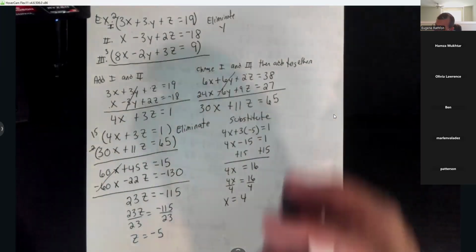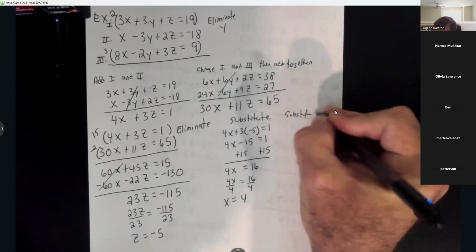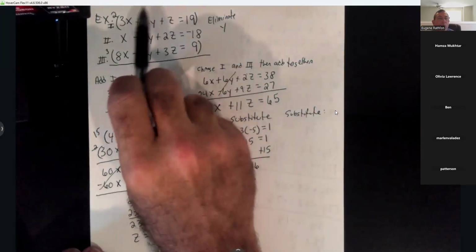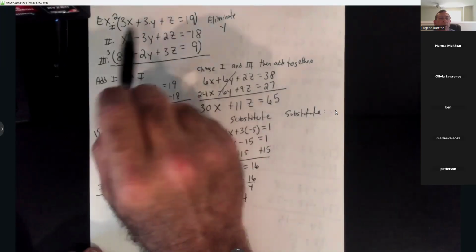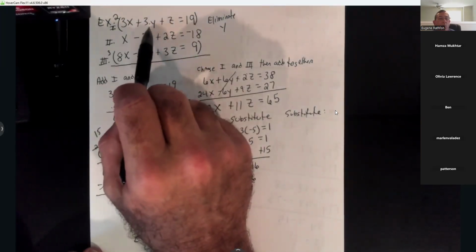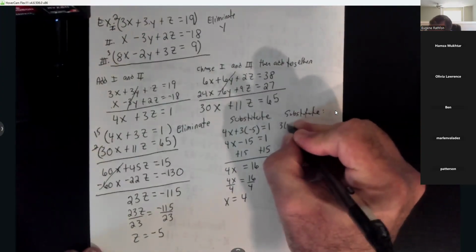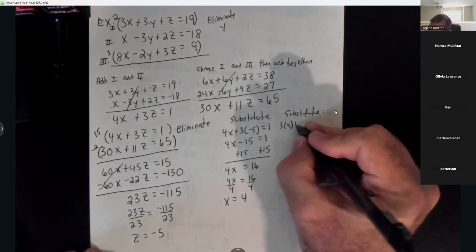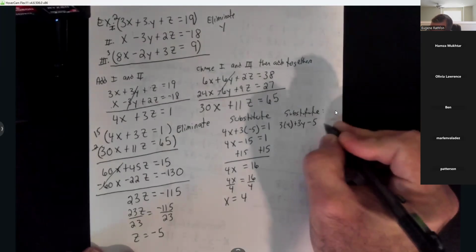So now I'm going to back substitute one more time. But now I got to go to one of my original equations, and I know x and z. So I'll probably use this first one and solve for y. So I got 3 times x, which was 4, plus 3y, plus z, which is -5.